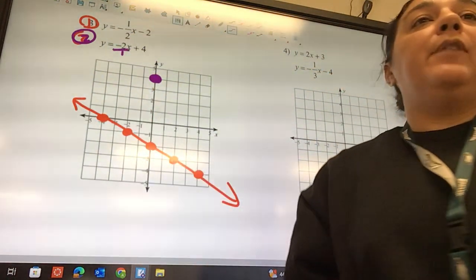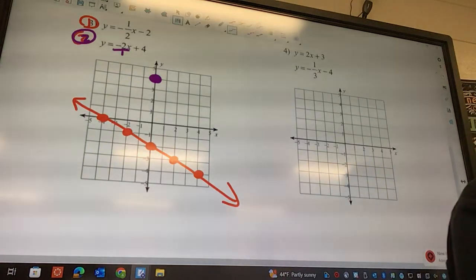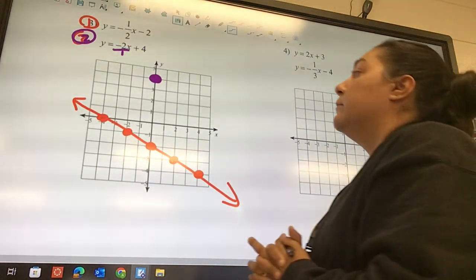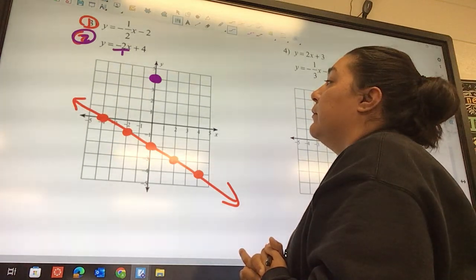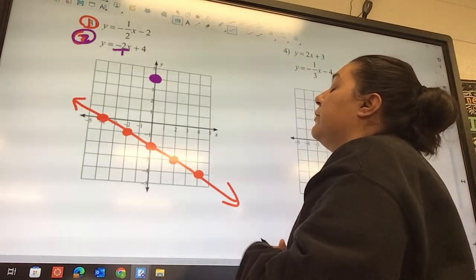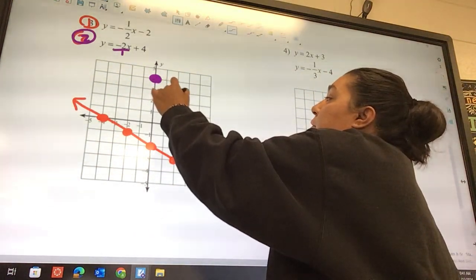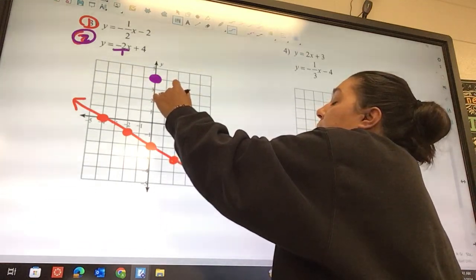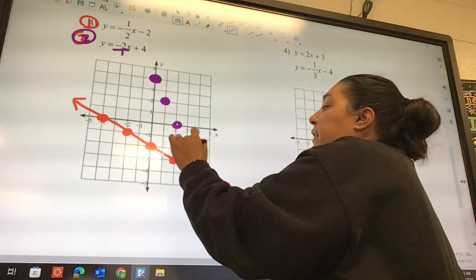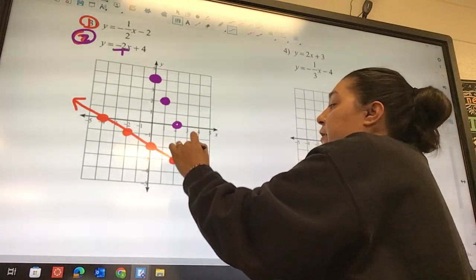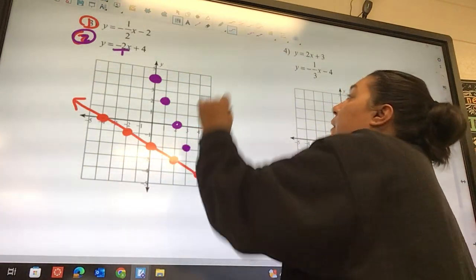I need a negative line, so how can I make that happen? Start on the right side. Down 2 to the right one. Is that what you're saying? Yeah. That's what I'm going to go with. Down 2/1. We have to keep doing that until we get the intersection.